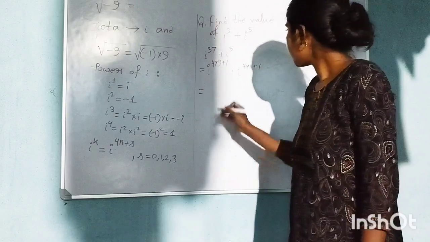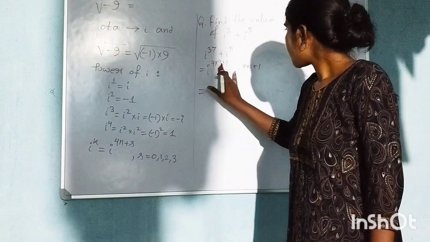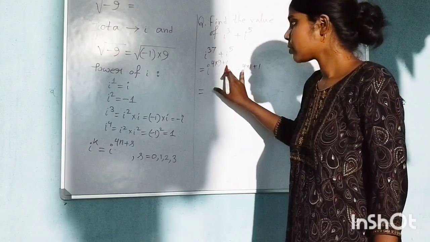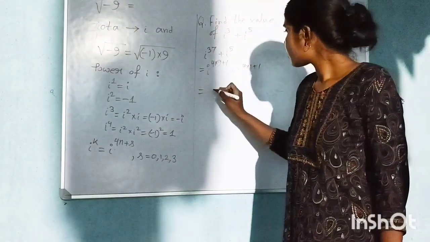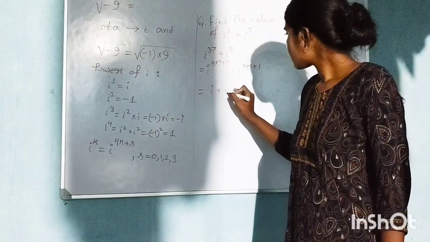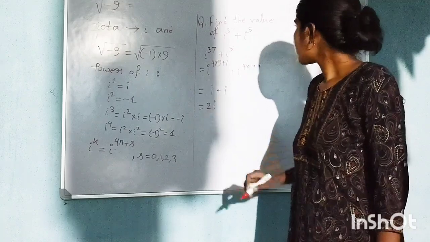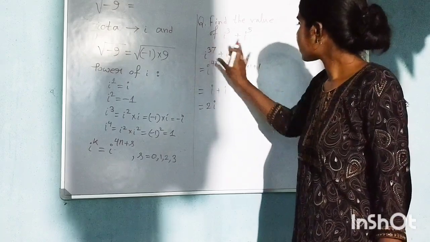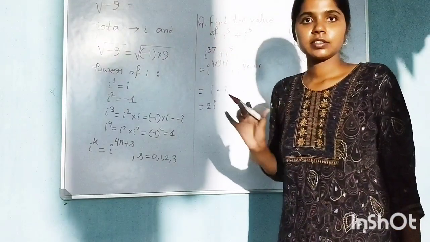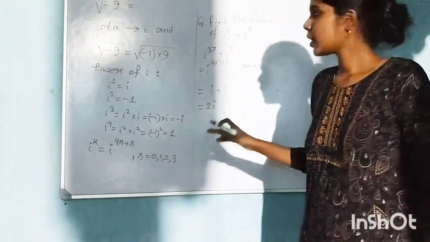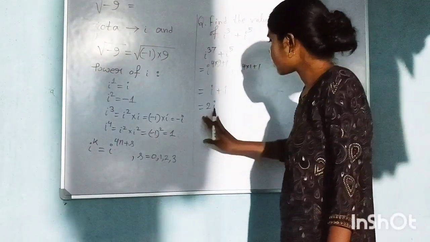So now this is what? 4n plus 1. 4n plus 1 value is what? i. So this is i. This is also i. 4n plus 1. So our simplified value of this expression is 2i. This is very easy. We can solve this type of question.